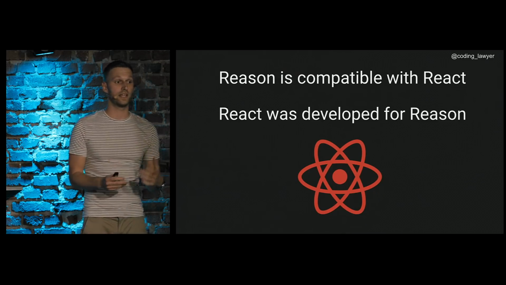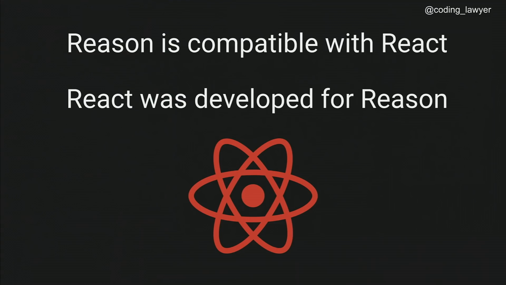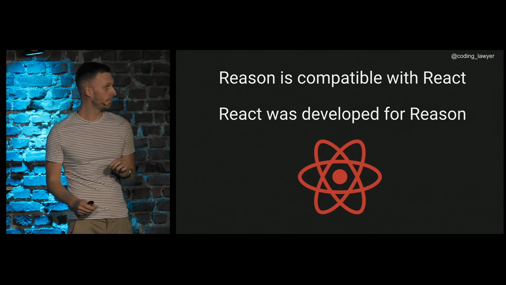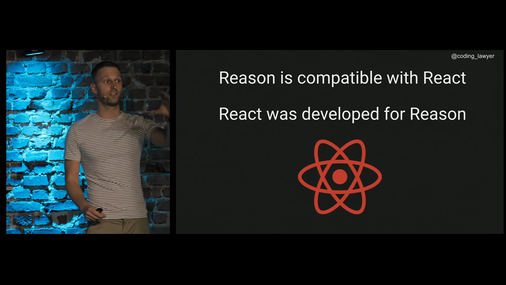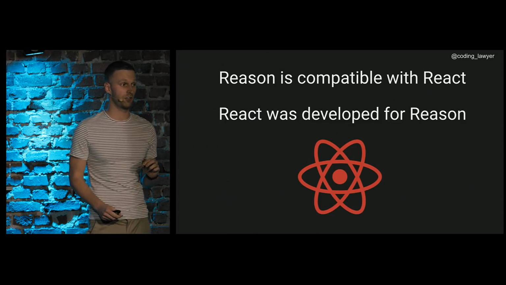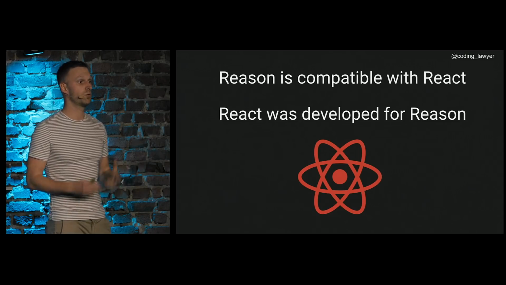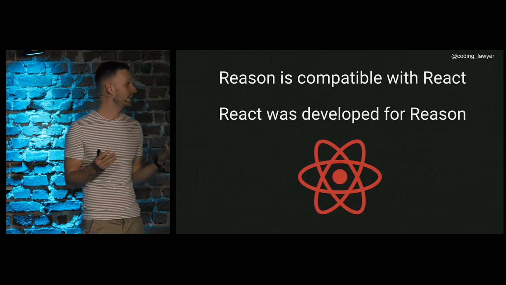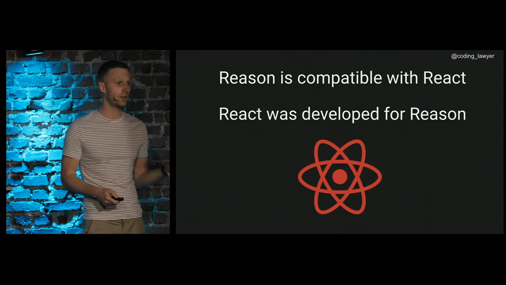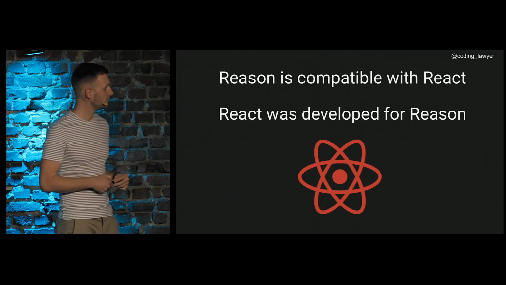More specifically, React was developed for OCaml, because the first prototype of React was written in Standard ML. That's a language, a cousin of OCaml. And then it was moved to OCaml, and also it was transcribed to JavaScript for wider adoption. And this transcription really worked. As I mentioned, React is now pretty popular as a JavaScript library.